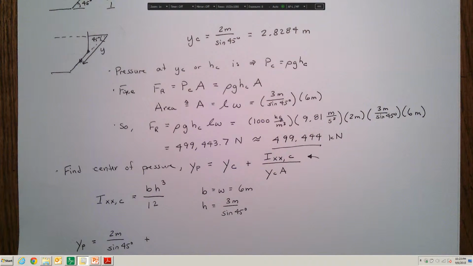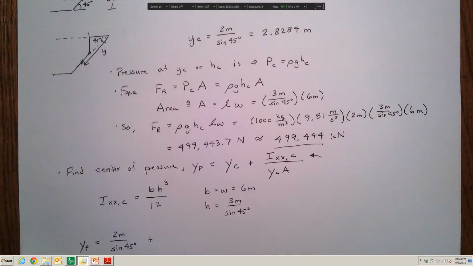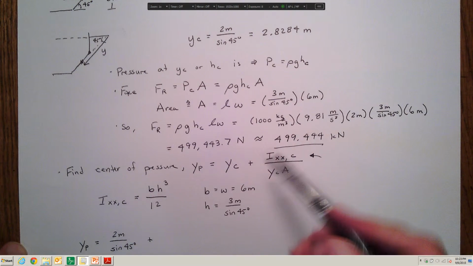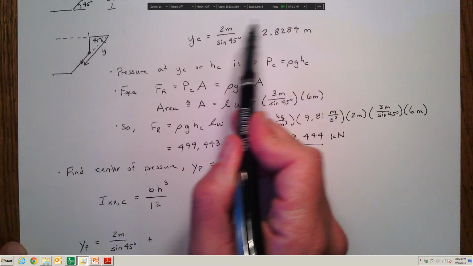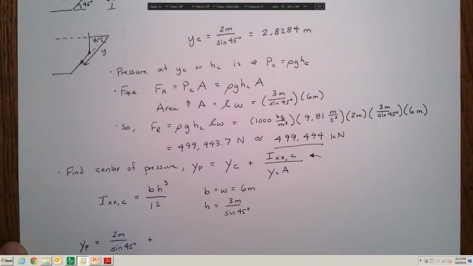Using all of this information, now I can find the y location along the tilted axis of where the center of pressure is, or where the force is going to act. We have the location of the centroid along the y-axis, which we determined earlier: 2 meters divided by the sine of 45 degrees.